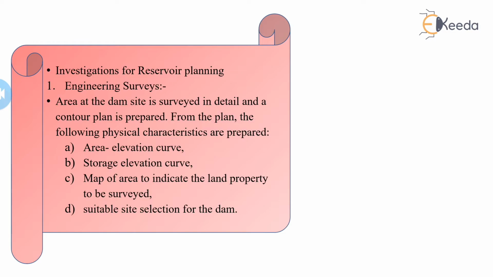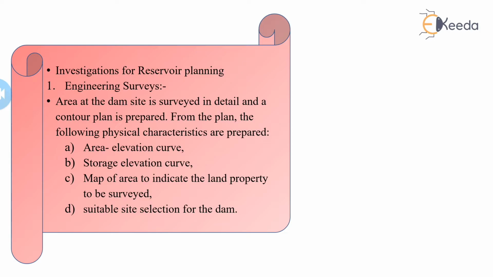From this area, we have to hatch out the water spread area only. After finalizing the shape of the water spread area, we have to determine the area enclosed by the contours with the help of a planimeter.